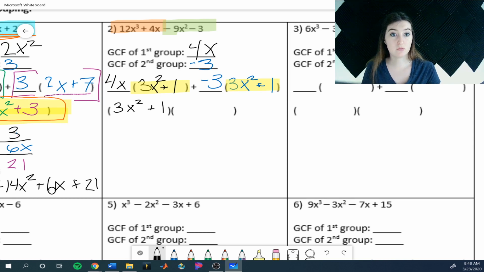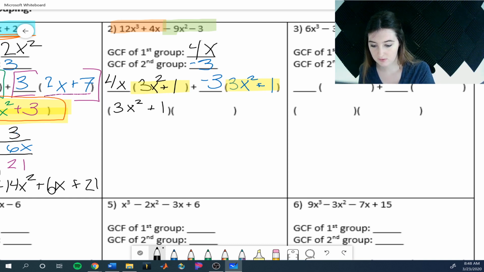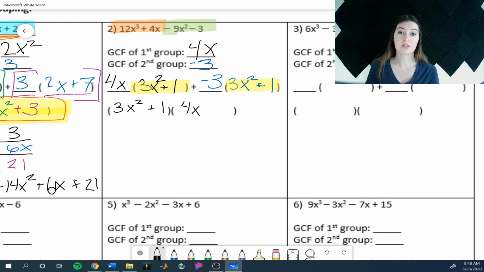3x squared plus 1. I took it out of each part. So that means my first term, 4x times 3x squared plus 1. If I factor out that 3x squared plus 1, what is left over? 4x. Okay, let's look at the second group. -3 times 3x squared plus 1.